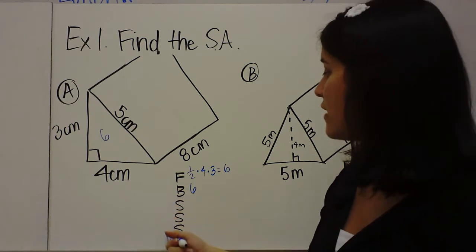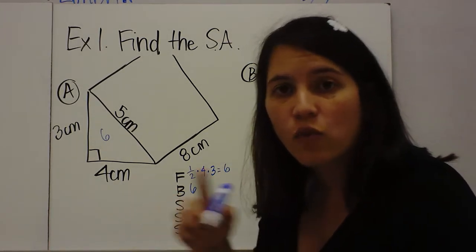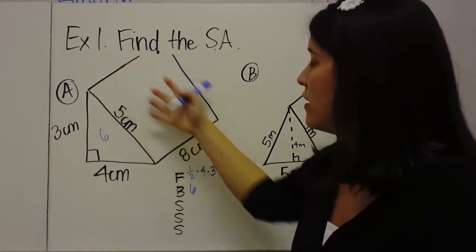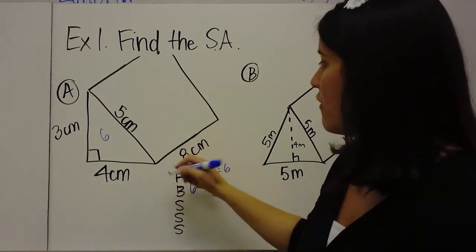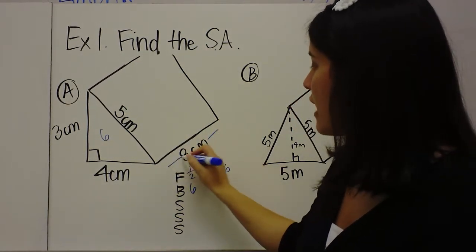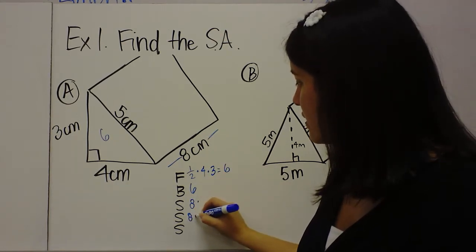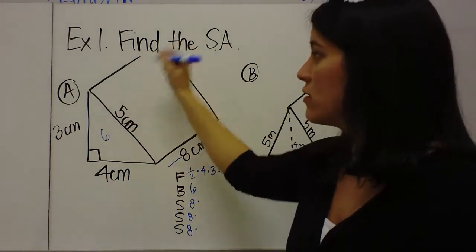Alright, so now let's do the sides. The nice thing about the 3 sides is they're all going to have one number in common. All 3 sides, so we have this side, we have this one, and we have the bottom, are all going to have the length in common right here, 8. So we know that we're going to use 8 for all of them because they're all 8 long.